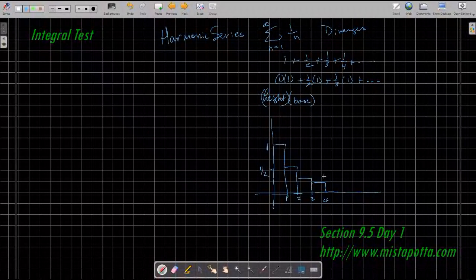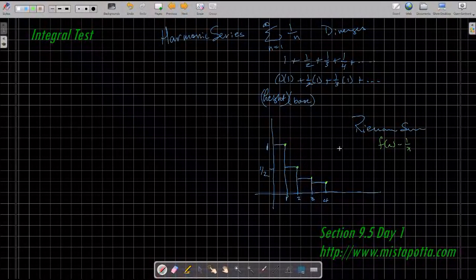But this looks an awful lot like a Riemann sum. And of course, if I was to compare this to a function like f of x equals 1 over x, my function would go through each of these points.